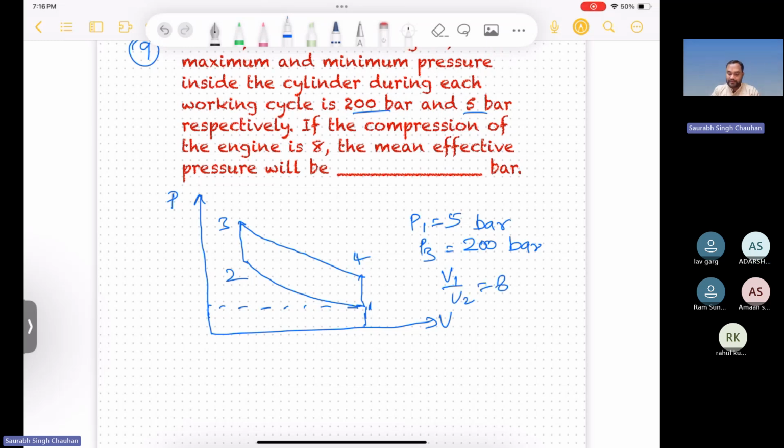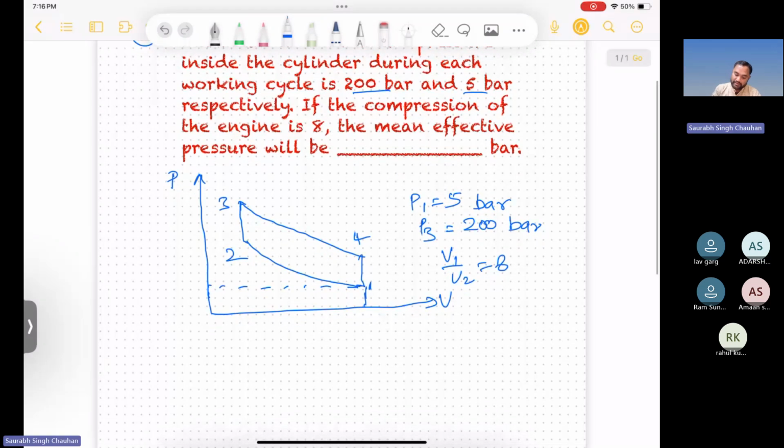So what do we have to find? Mean effective pressure. What will be the mean effective pressure? Work done per cycle divided by stroke volume or displacement volume, right?